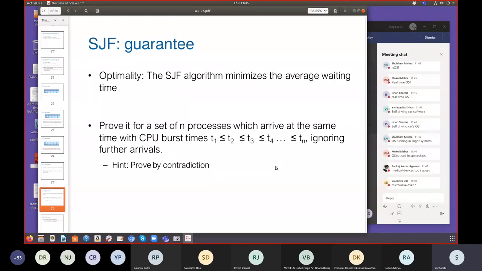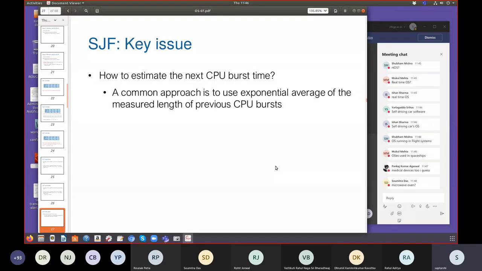Okay, so now we have understood that SJF cannot always be used in practice, or just by using SJF you cannot expect optimal behavior, because this estimate is the main problem. So let us see how people still try to do the estimate. The key issue is how to estimate the next CPU burst time.